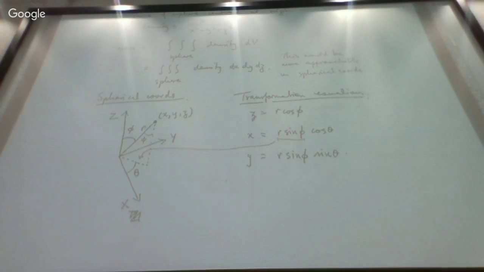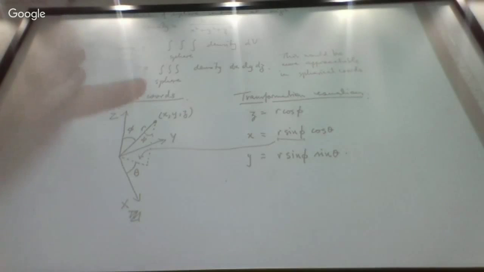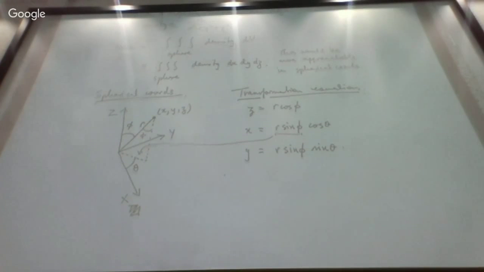So that describes the relationship between Cartesian coordinates and spherical coordinates. Now we complete the translation of the integral up here, which is quoted in terms of Cartesian coordinates, to spherical coordinates. We will require the Jacobian determinant.